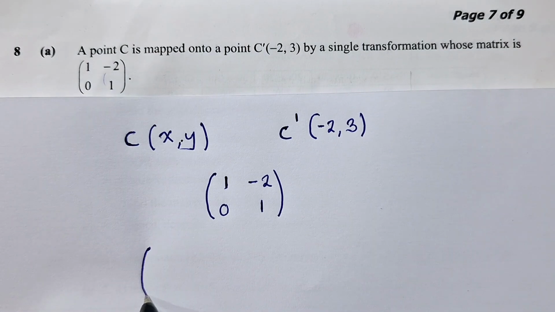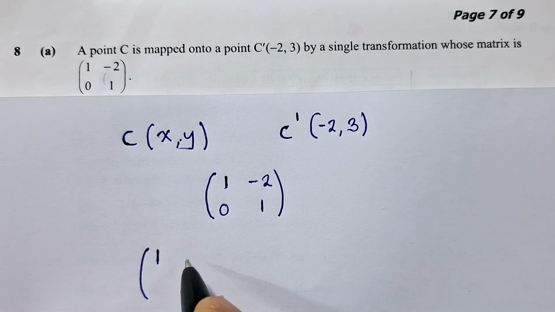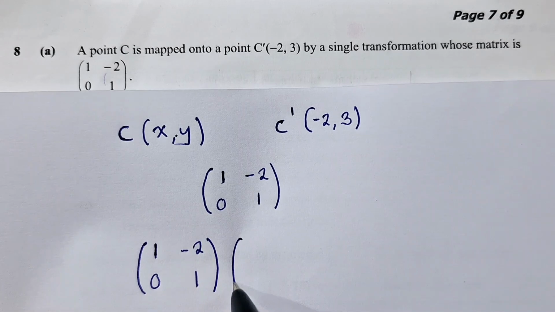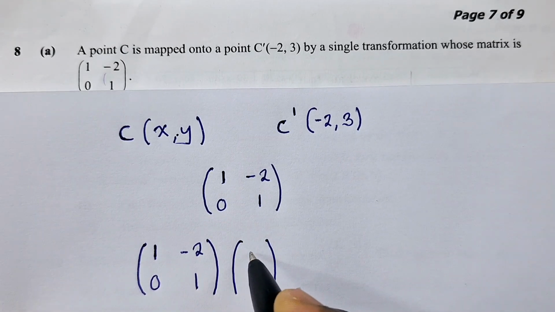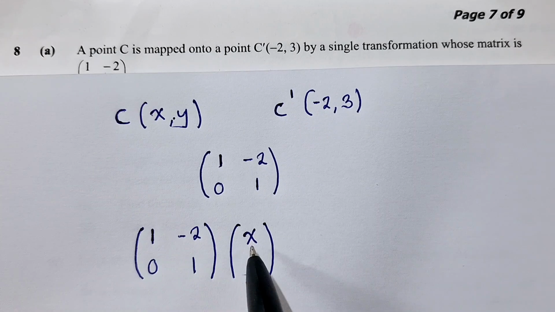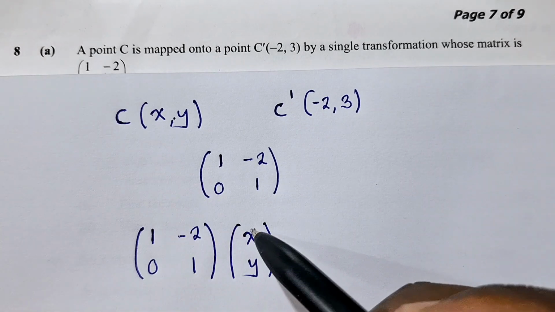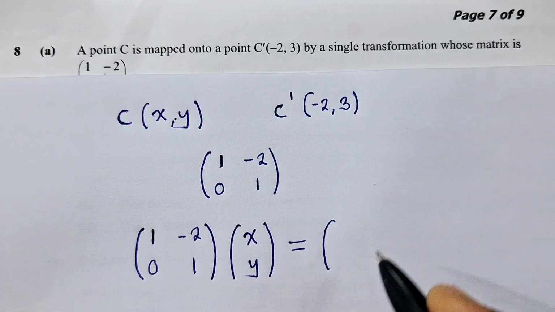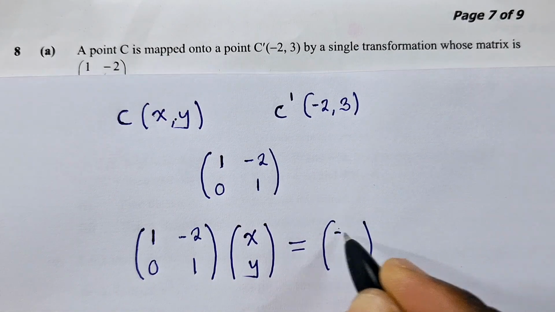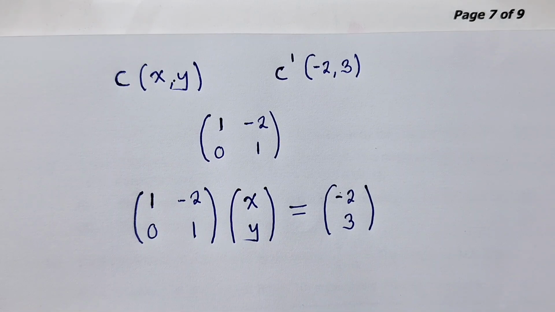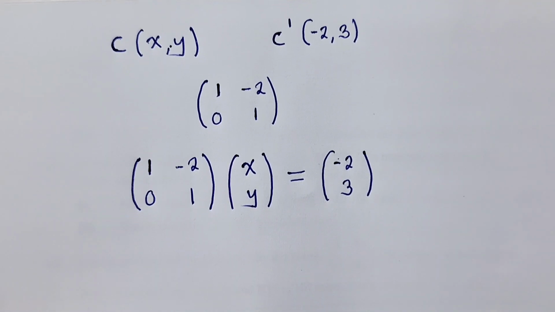This is 1, negative 2, 0, and 1, and we multiply by the point C. For the point C here, we're going to write it in column form, equal to the C complement, which is negative 2 and 3, like that.